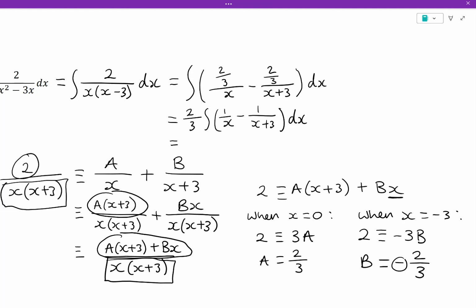And now we're in position to integrate. So we're going to have our 2/3, and then I'm going to put my result in brackets. Now 1 over x is the most basic scenario for the natural logarithm. That is the natural logarithm of the modulus of x. That should be one you should just be able to recognize. Now for our second fraction, we've got multiple terms in the denominator, so we're not going to split it up.